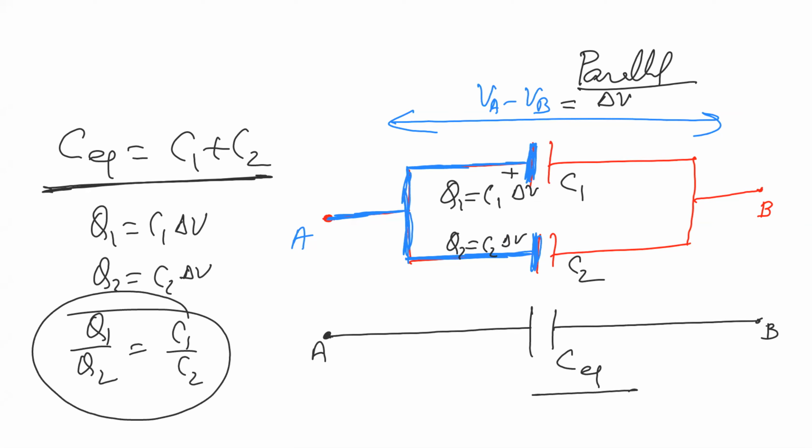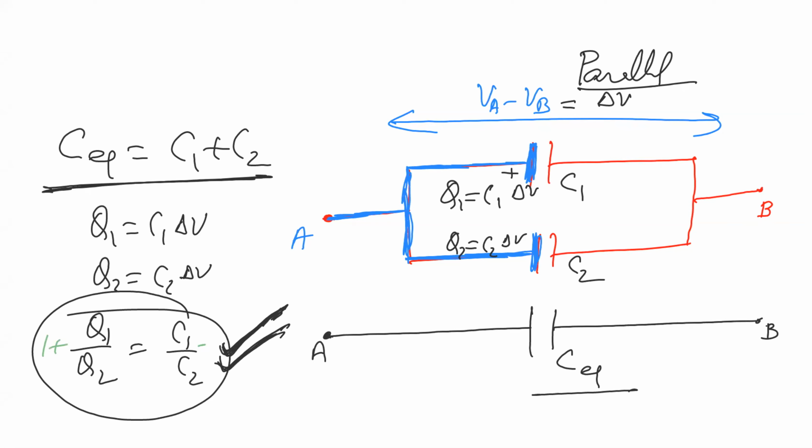So remember, in parallel combination, potential difference is same, and charge is in the direct ratio of capacitance. Q1 by Q2 will be equal to C1 by C2, right? Charge is in the direct ratio of their capacitance. Again, the same logic will apply. We'll add 1 on both sides.